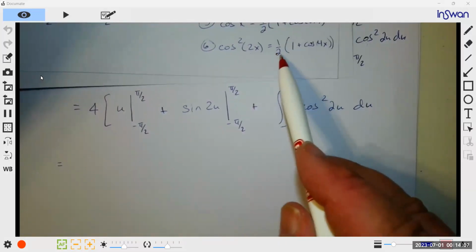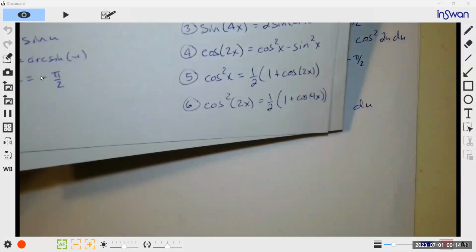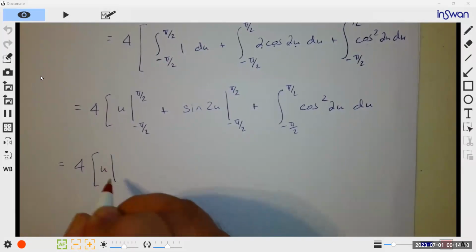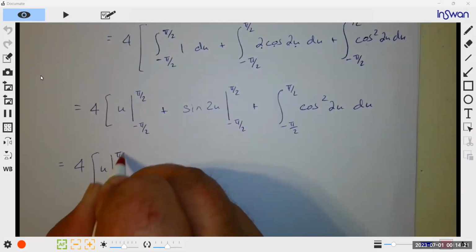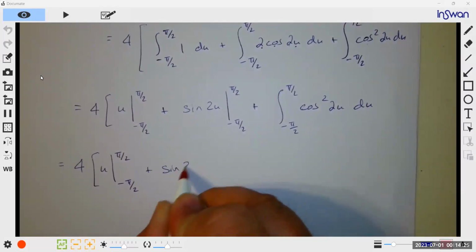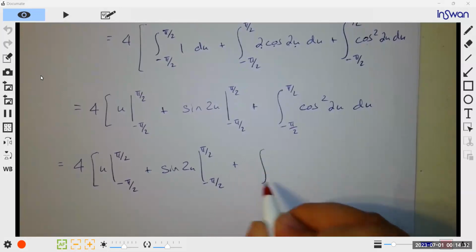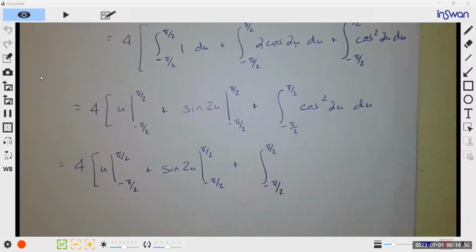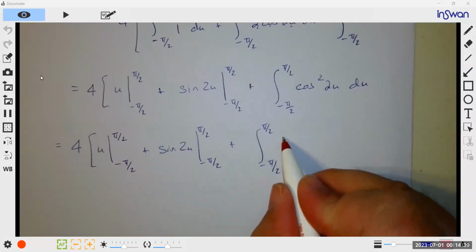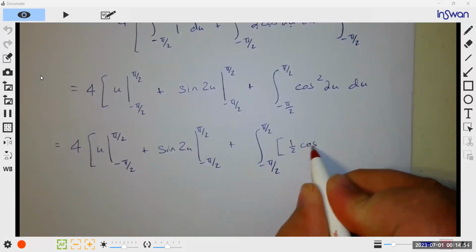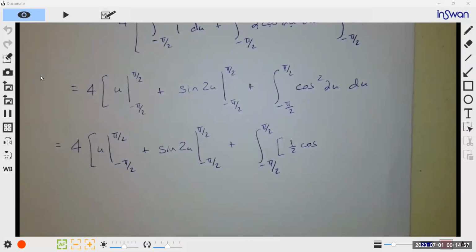Cosine squared 2u is 1/2 times 1 plus cosine 4u.